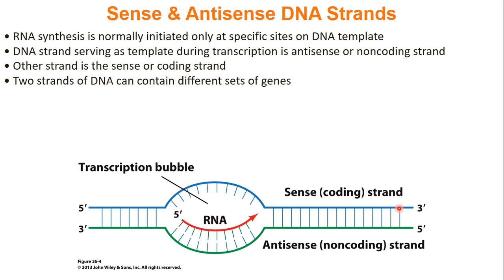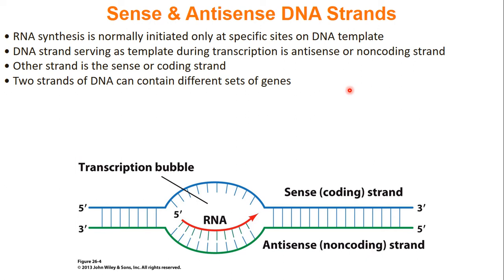Now, we need to understand some terminology when we're talking about transcription. For the DNA itself, we have two different sides: the sense or coding strand and the antisense or non-coding strand.